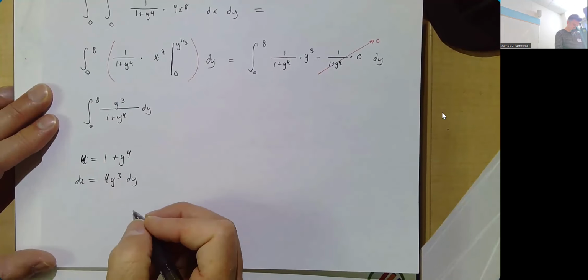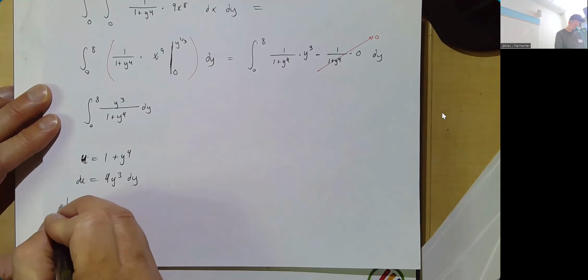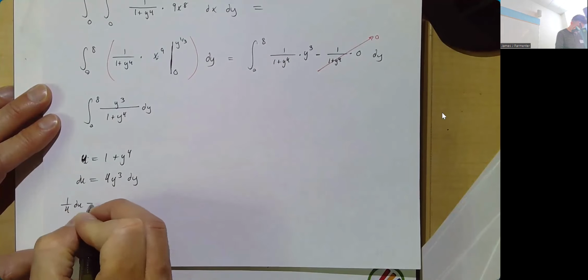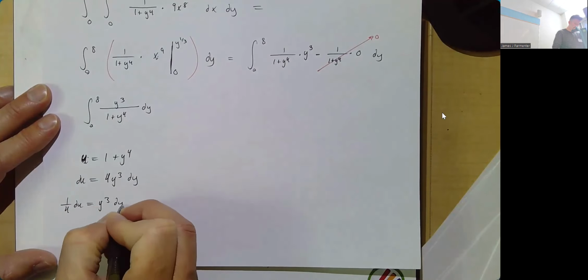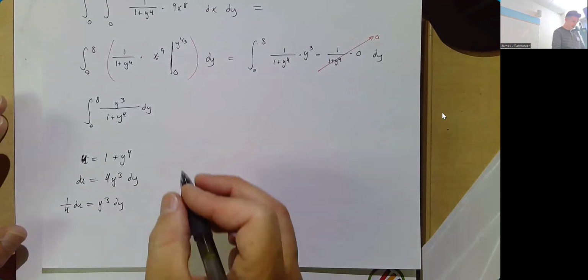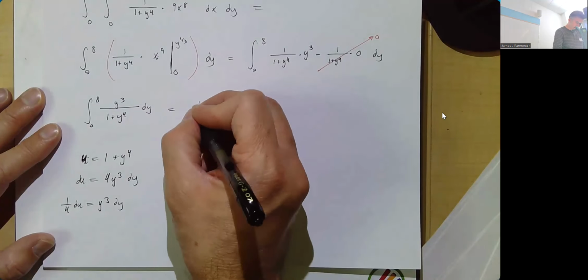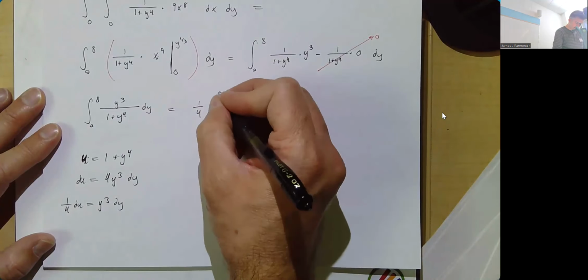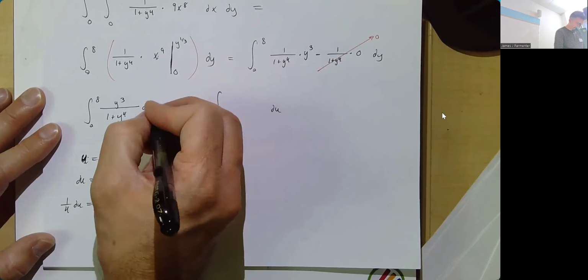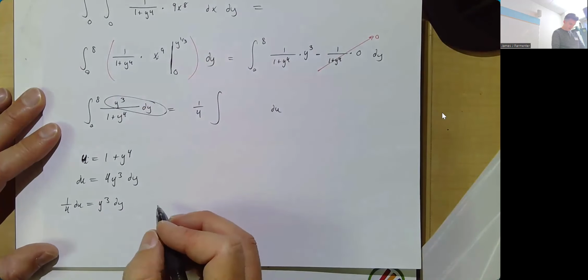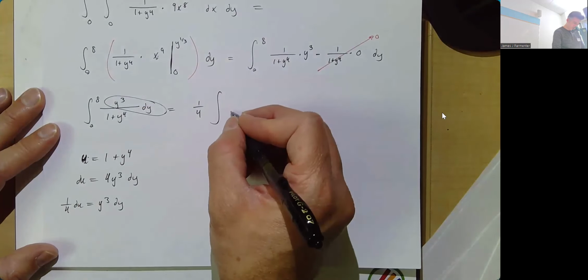If I divide both sides by 4, 1/4 du is equal to y cubed dy. So this becomes the integral of 1/4 du, which takes care of the y cubed dy, and then my denominator is just u.